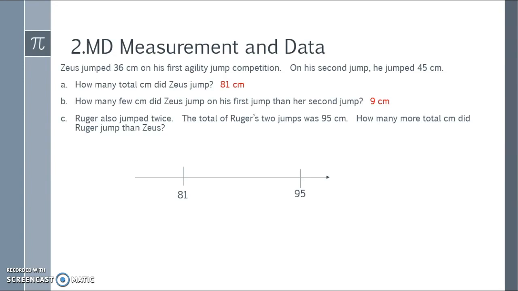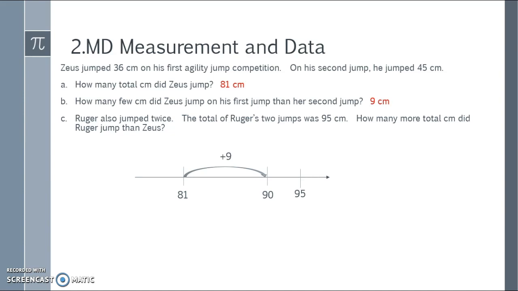Ruger also jumped twice. The total of Ruger's 2 jumps was 95 centimeters. How many more total centimeters did Ruger jump than Zeus? So we know that Zeus jumped 81 centimeters, and we know that Ruger jumped 95 centimeters. So I put it on a number line here for us, an open number line.